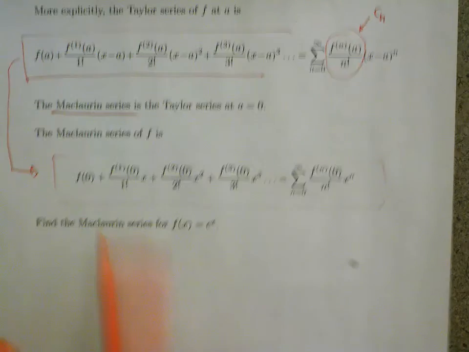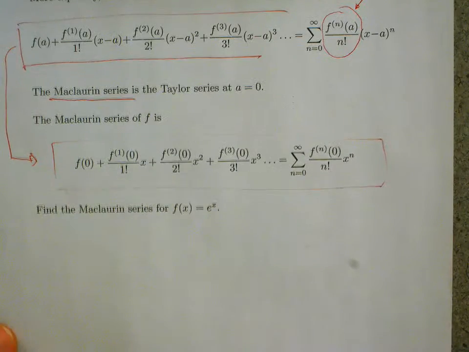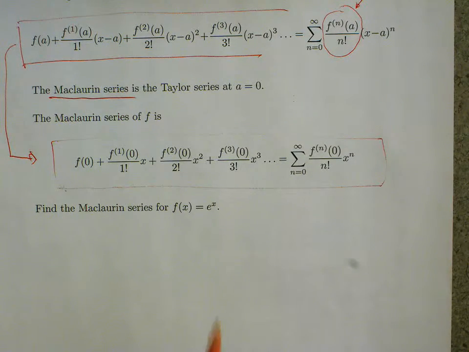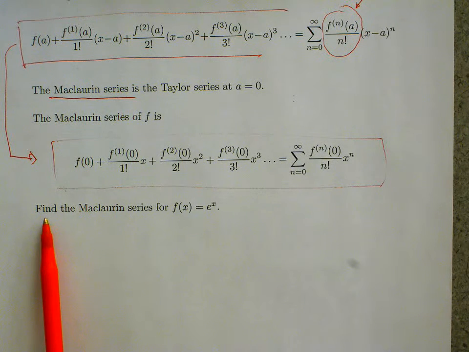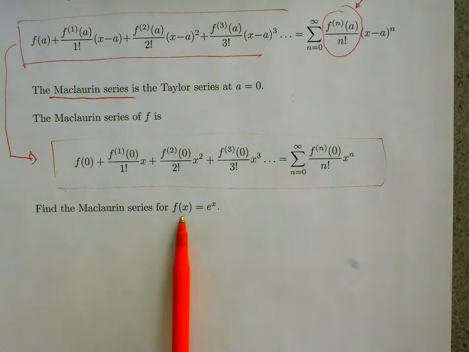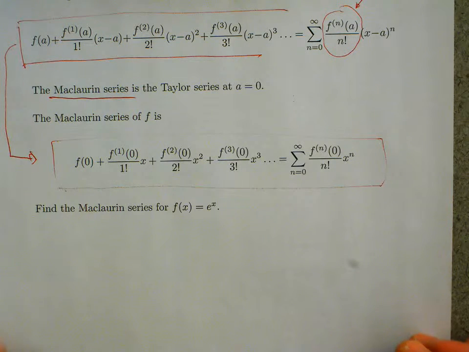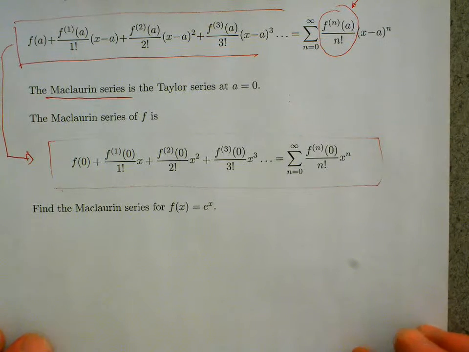Okay, so here's the formula for a Maclaurin series of a function f. So let's find the Maclaurin series for this function, f of x equals e to the x. So this might be the easiest Maclaurin series to find out of all Maclaurin series.